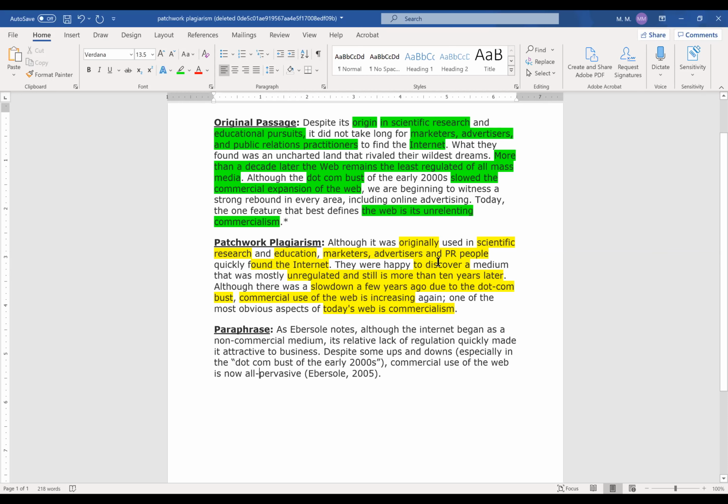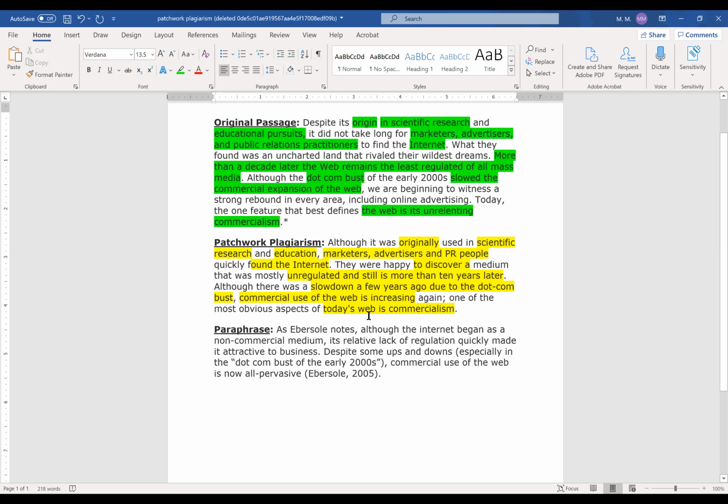In the next line, they were happy to discover a medium that was mostly unregulated. Notice more than a decade later, the web remains at least the least regulated of all mass media. Here, although the dot-com bust of the early 2000s slowed the commercial expansion of the web.